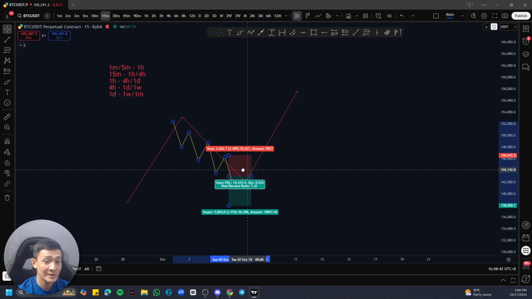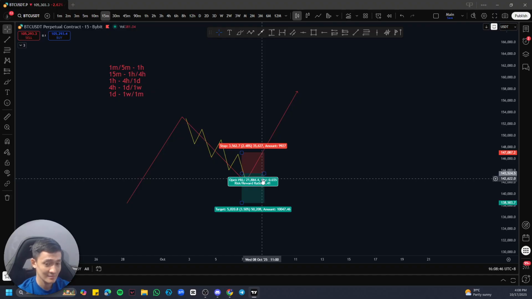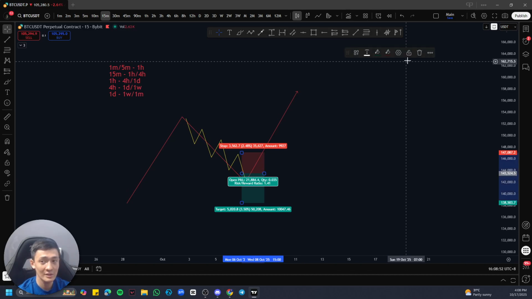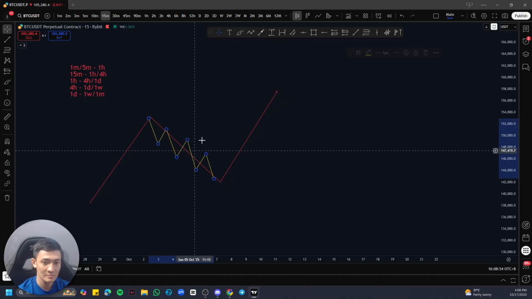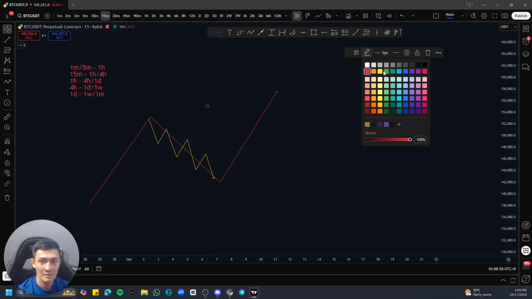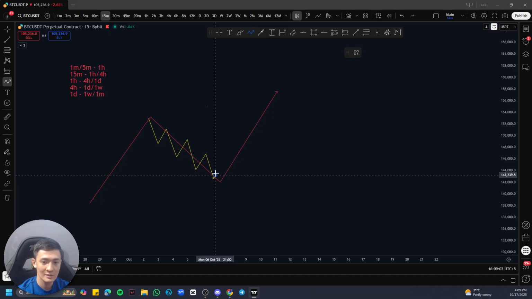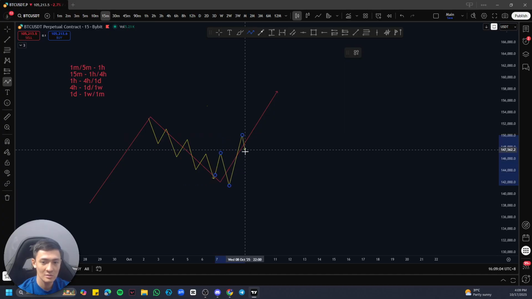Not that we can't trade it, we can, but you have to understand that the probability of you making profit is lower as compared to if you wait for the lower time frame to also get in alignment with the higher time frame.